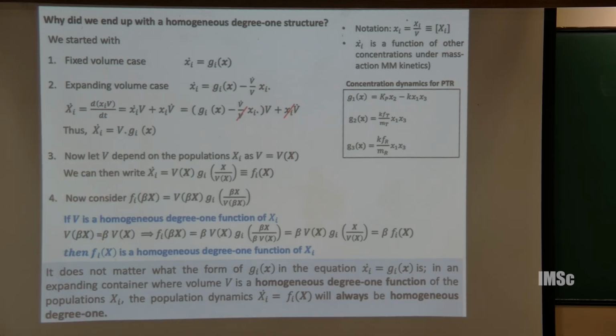a nonlinear set of differential equations. So now here is a slide where I'm arguing why it has to be homogeneous degree 1, right? If your V is linear, I'm now saying that irrespective of any chemical system, if you have any well-stirred chemical system, you will always end up at the population level with homogeneous degree 1 functions.